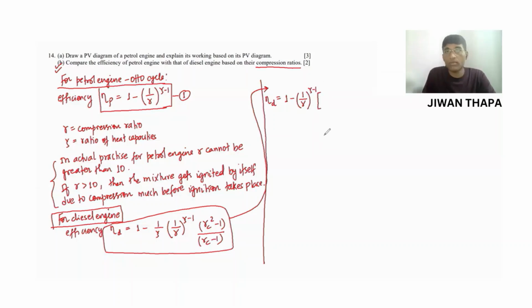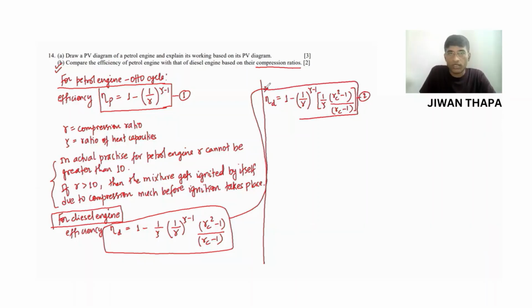So I'm using a square bracket and writing 1 by gamma, rc square minus 1 by rc minus 1. So I'm writing in this way. Let us call it equation 2.